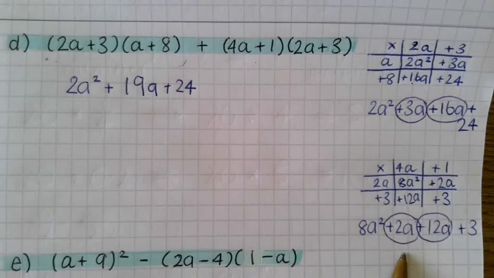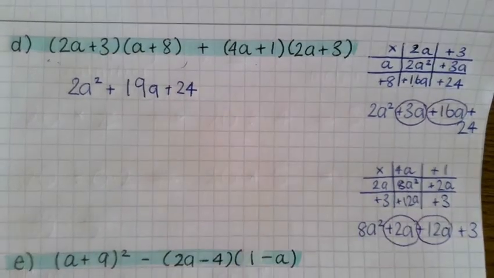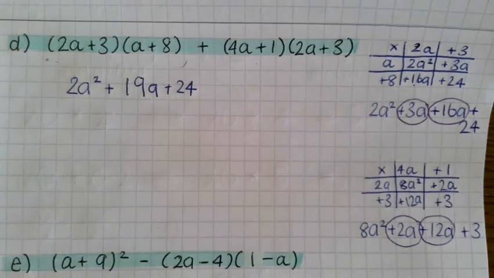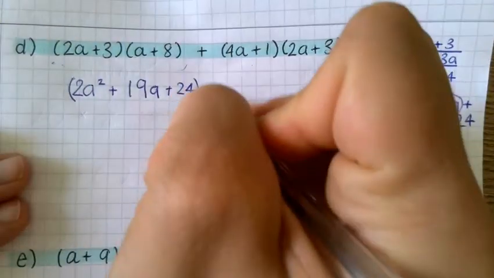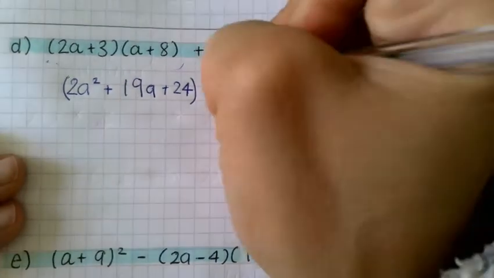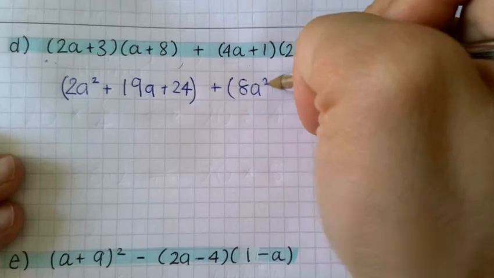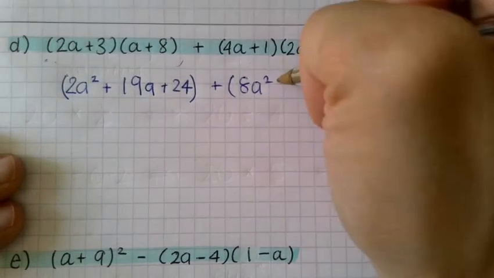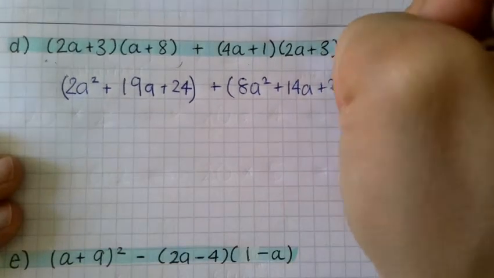I'm going to write this underneath here, so I'm going to go back to my original expression. So I've got this whole thing, and I'm adding it to this one. So 8a squared plus 14a plus 3.